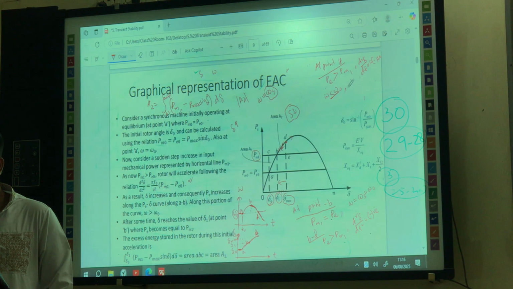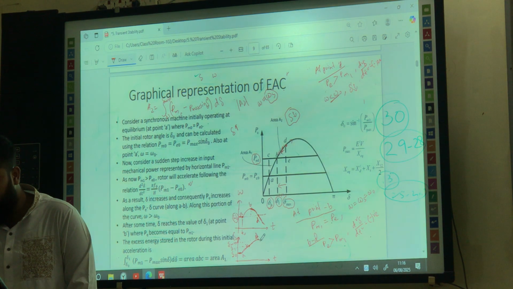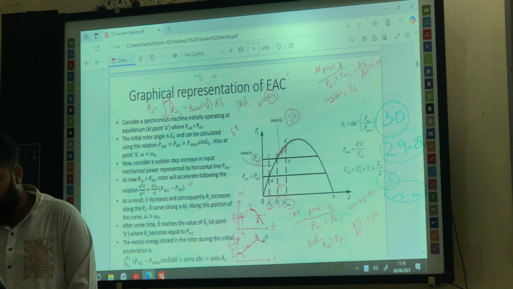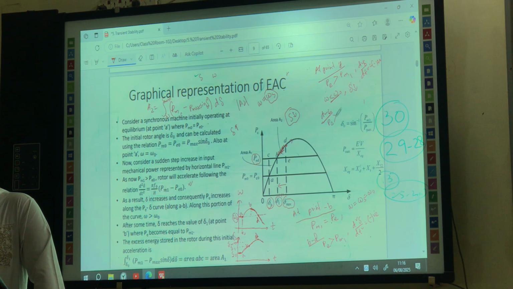So from here delta will decrease. Delta decrease means again the journey will be from D to B. In this journey from D to B, PE is higher than PM, so there will be deceleration in the rotor body.